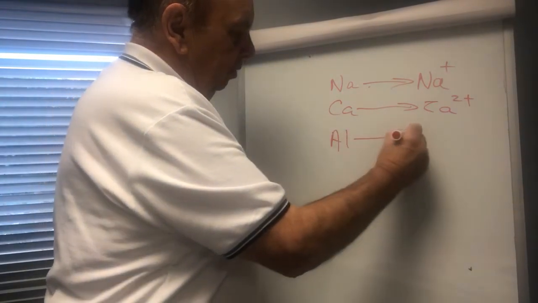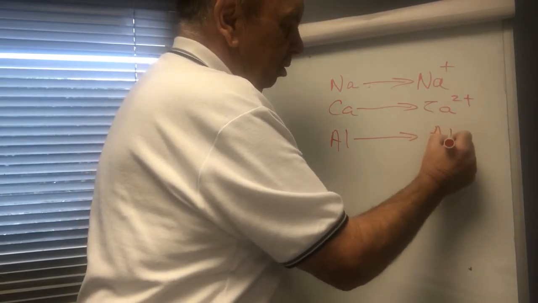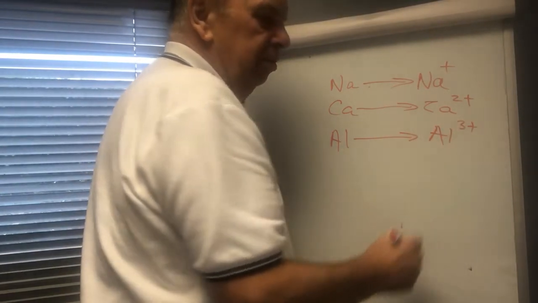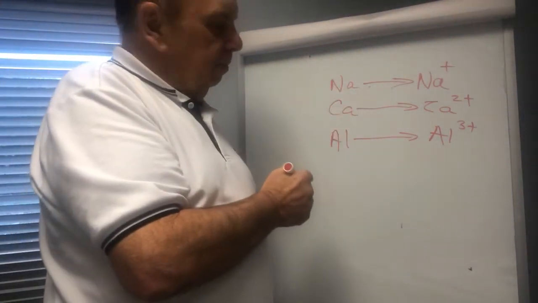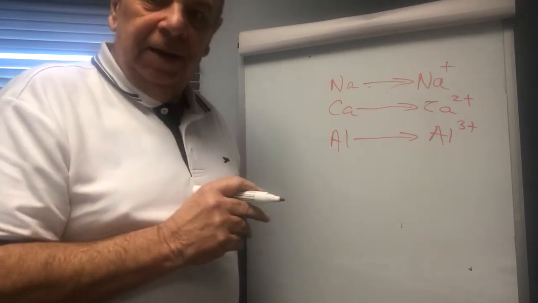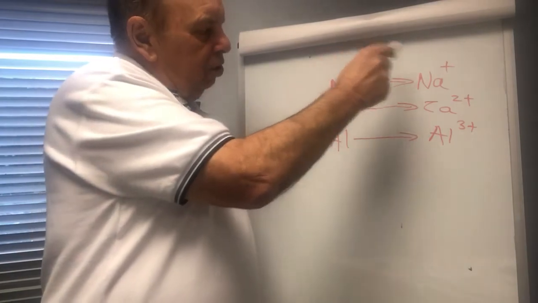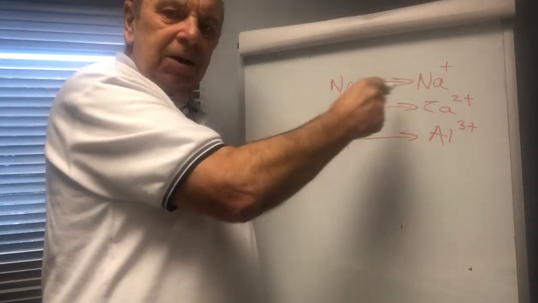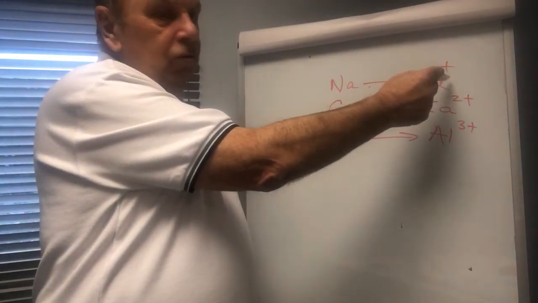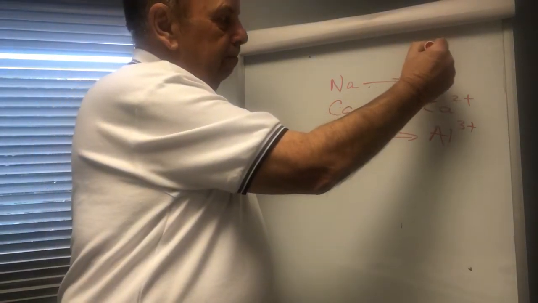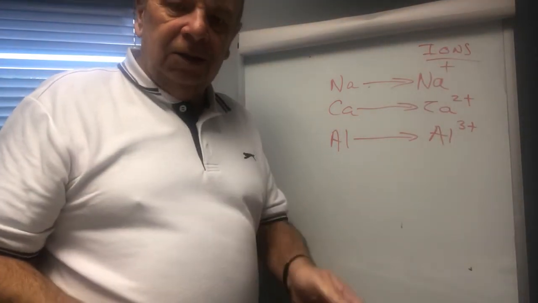Aluminium, found in group 3, loses 3 electrons to form an aluminium ion. So when atoms lose or gain electrons, they form ions. Sodium forms a sodium ion, calcium a calcium ion, etc. These positive ions are called cations.